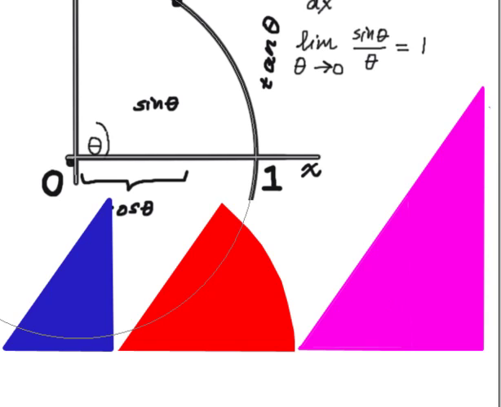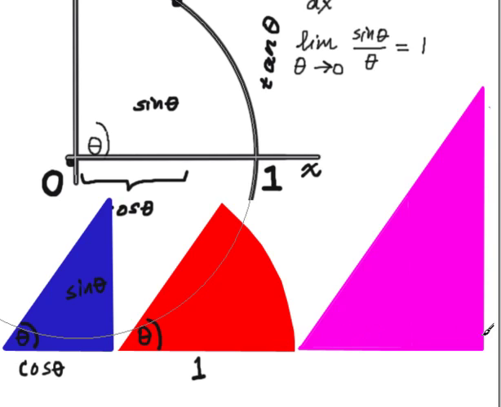Now let's do a little bit of labeling. We said the base of this triangle is cosine theta. Here we have an angle of theta, and the height is sine theta. We have the same angle theta here with side 1 for this sector.